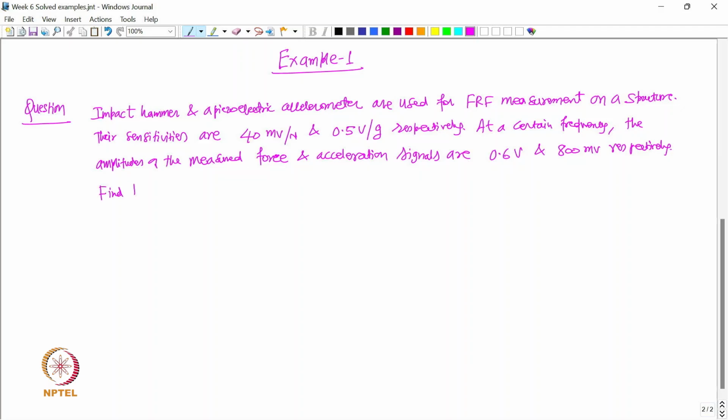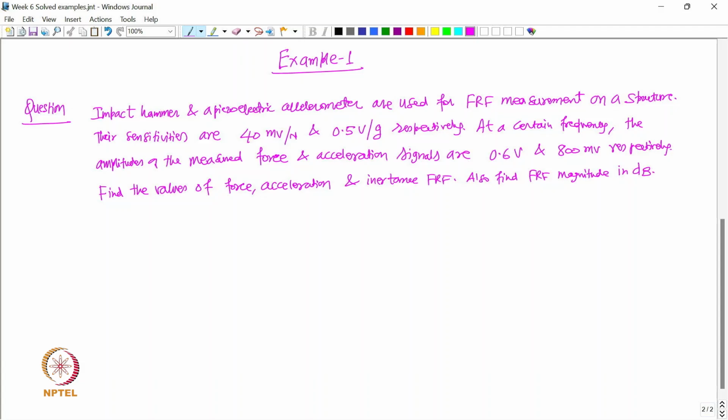Find the values of force, acceleration and inertance FRF. Also find FRF magnitude in dB.